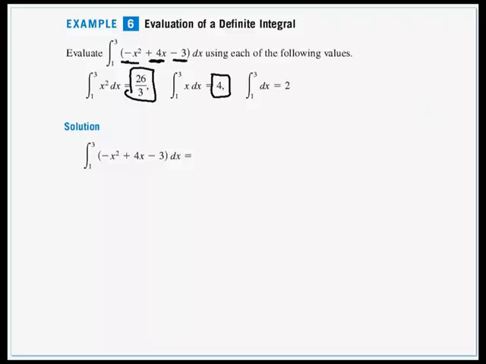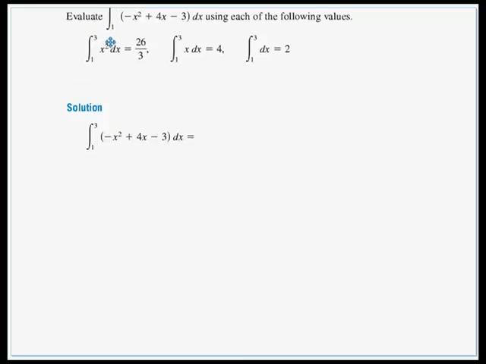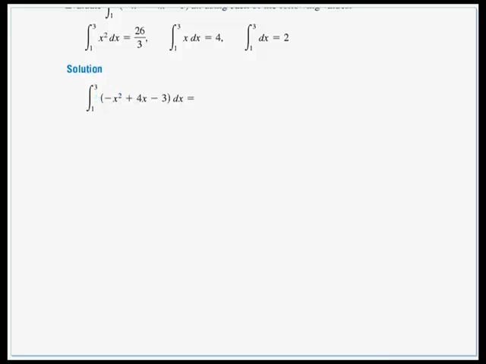We're going to bust the original one apart a little bit. So let's see what we can do here. We still have to be able to see those values. If we break this up, we're going to have the integral from 1 to 3 of negative x squared plus the integral from 1 to 3 of 4x minus the integral from 1 to 3 of 3.